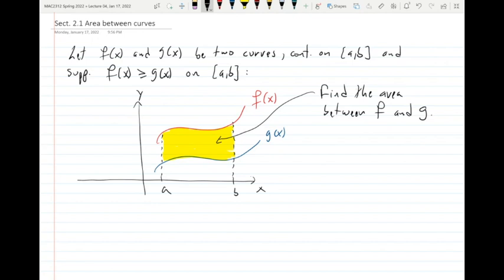So how do we solve a problem like this? We have our interval [a, b]. The idea is that we're going to split the interval into little pieces, because we want to fill this region with a bunch of rectangles and approximate the area with rectangles. So we split this into a bunch of pieces, all of which are the same width. We call that width delta x.